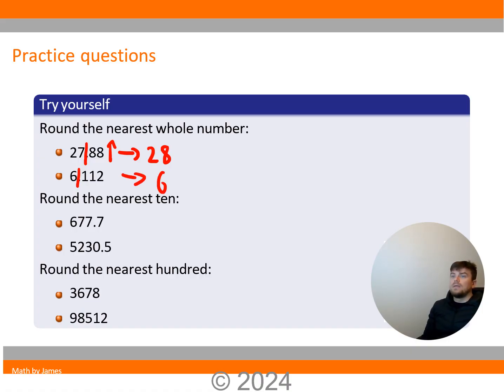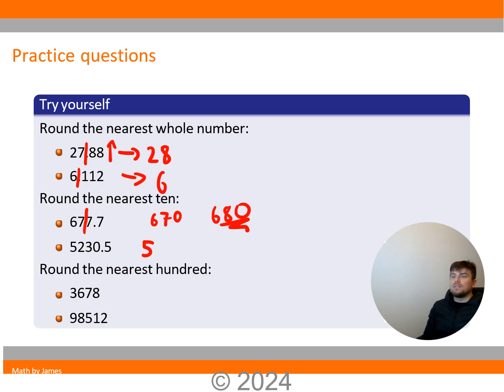To the nearest 10, we know that this number here is in between 670 and 680. We put our line after the tens, we see a 7 here, so we're closest to 680.